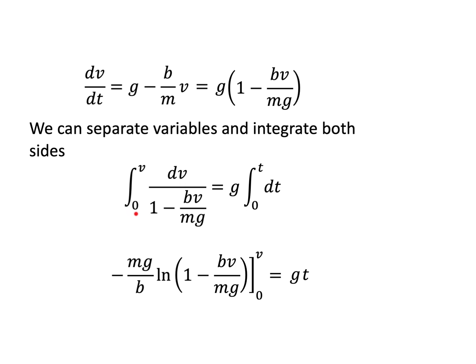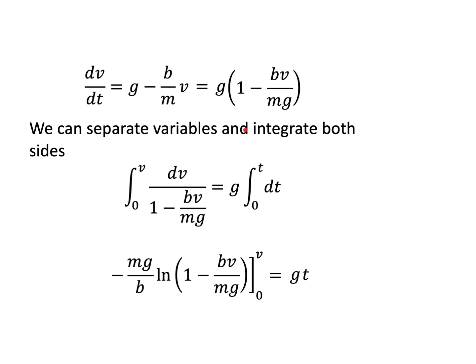I know that I'm starting from rest, so the initial velocity is 0, and the final velocity I'm just calling v. If I were being really careful, I should probably call this v sub f or something like that, but I'm going to be a little bit careless and just call that v. And the time, of course, is integrating from some initial time equal to 0 to some final time t.